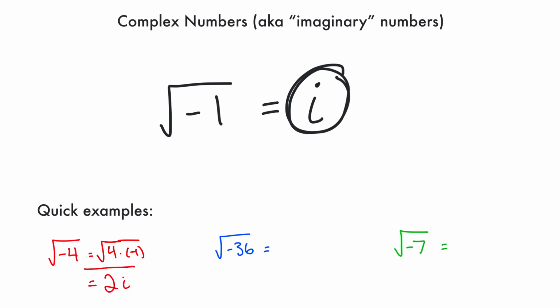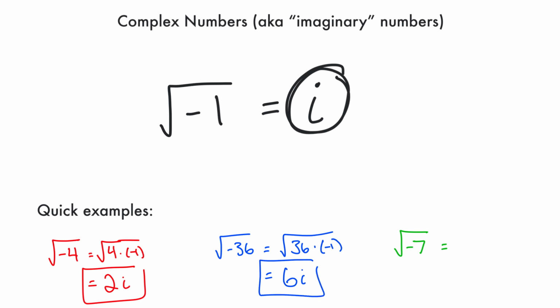So this is just 2i. All the negative component does is just make you tack an i on at the end of your answer. The square root of negative 36, that's just the square root of 36 times negative 1. The square root of 36 is 6. The square root of negative 1 is i. That's your answer.